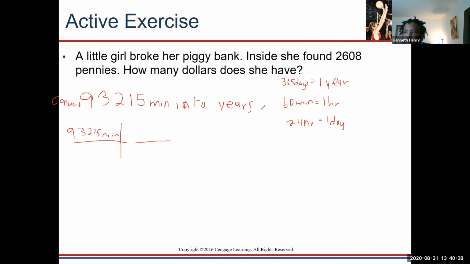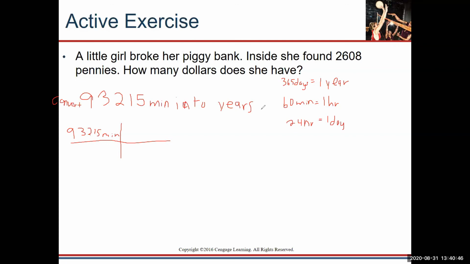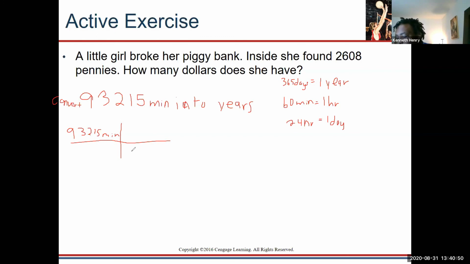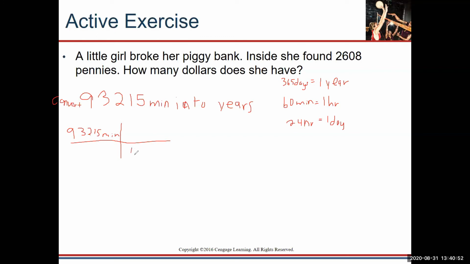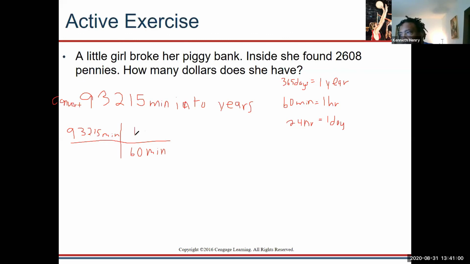What's going to help me get rid of my minutes? I feel like the 60 minutes, so the hour. Am I going to put the minutes on the top or on the bottom? You're going to put them on the bottom so they can cancel out. And then 1 hour on top.